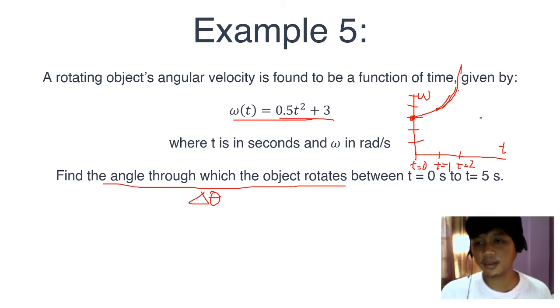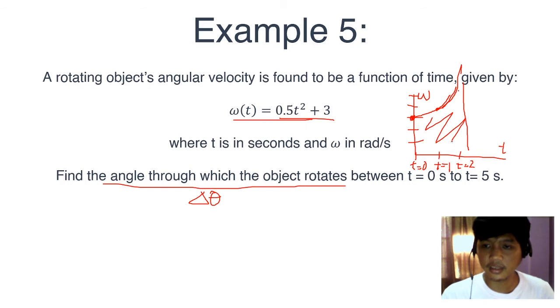Something like that. So we're getting the displacement, and basically we're getting the area, but we cannot use a simple area formula, because the area under the omega versus time graph is the displacement.